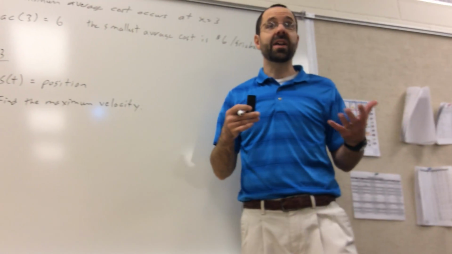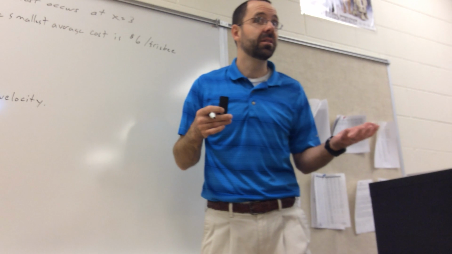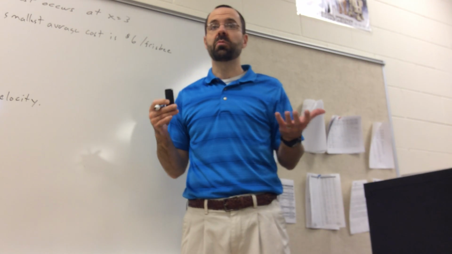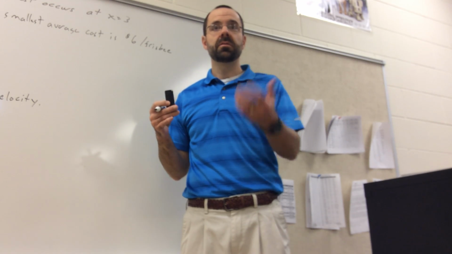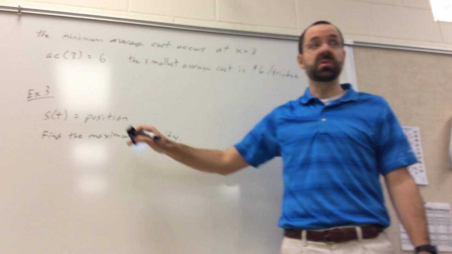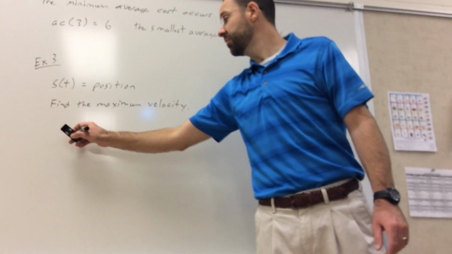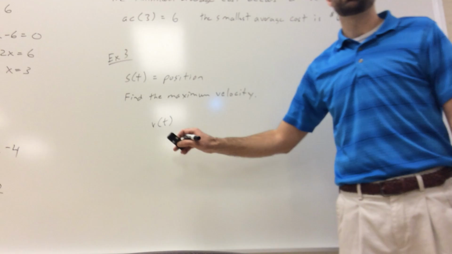So the problem is we don't even have a velocity function, right? But how can we get it? It's just the derivative of this, right? So you take the derivative of position, and that gives you velocity.